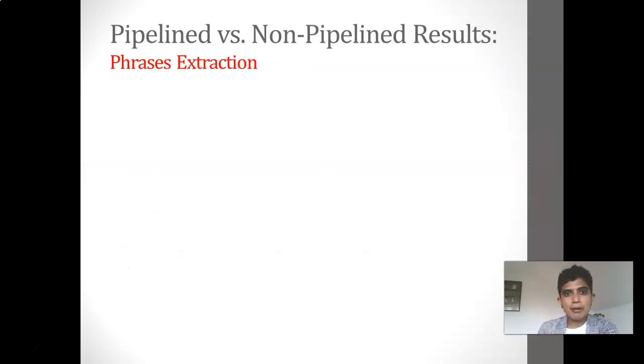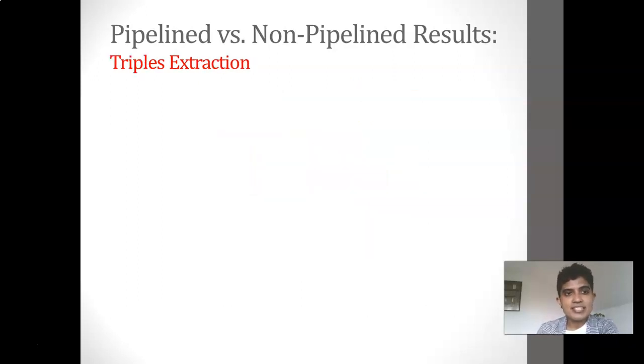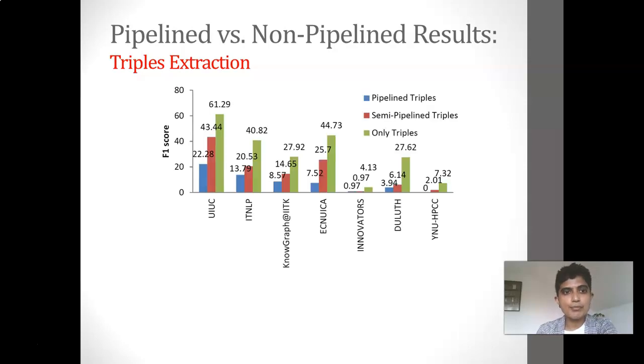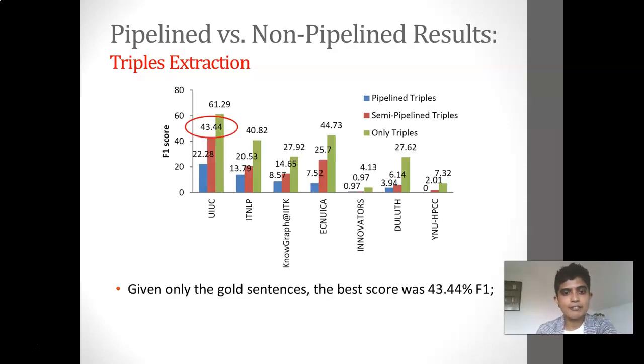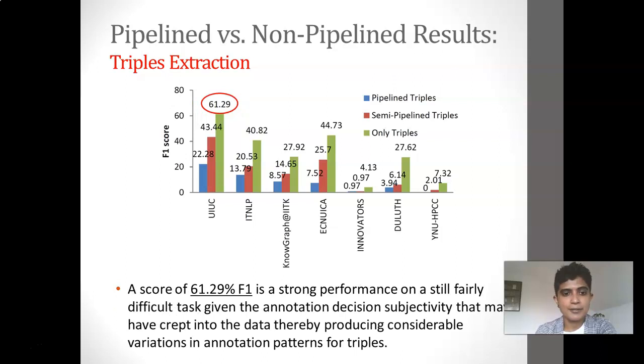Now comparing pipeline versus non-pipeline results for phrases extraction, we saw that in the non-pipeline setting, each team's score was boosted by at least 20 points. A similar pattern was observed for triples extraction, wherein given only gold sentences and automatically extracted phrases, the best score was 43.44, and given gold phrases in addition, the best score was much higher at 61.29%.